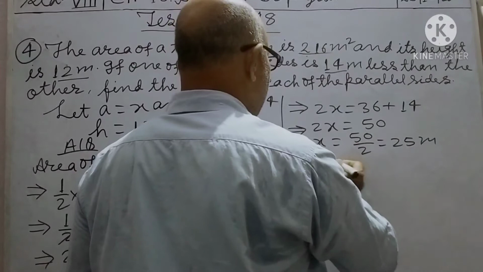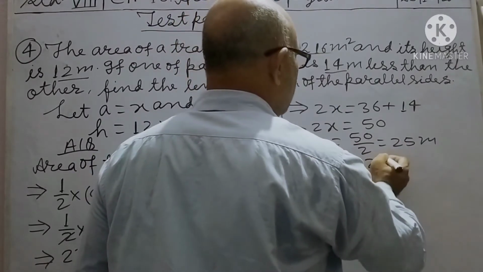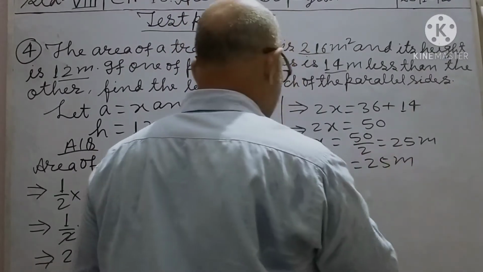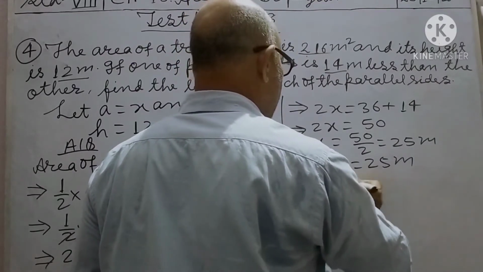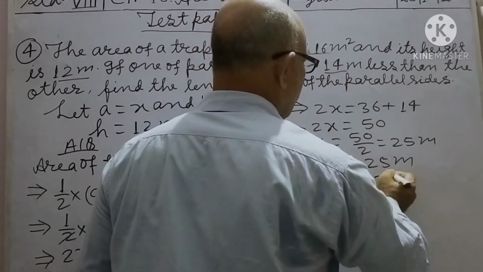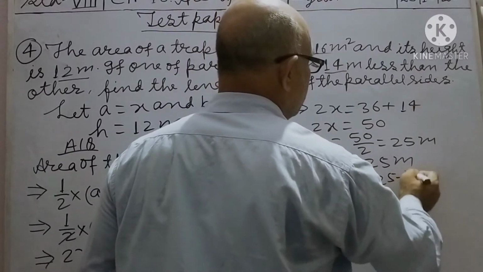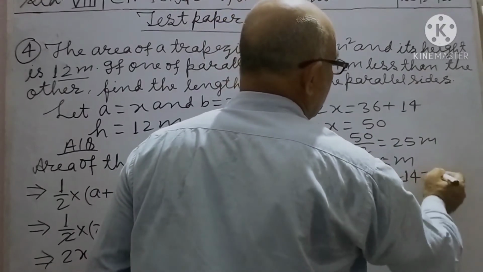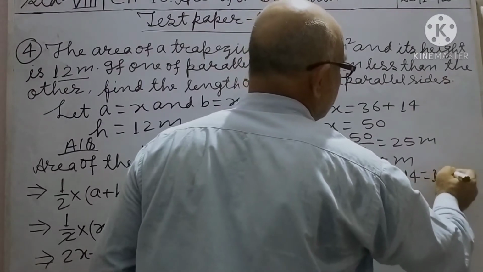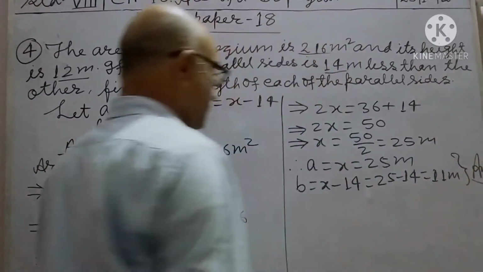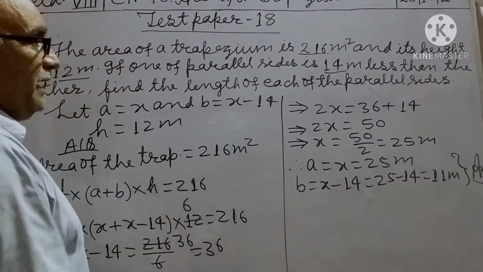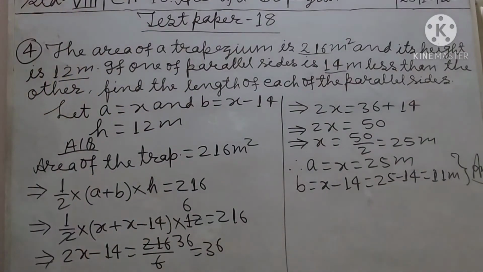Therefore, A equal to x equal to 25 meter and B equal to x minus 14 equal to 25 minus 14 equal to 11 meter. Answer. Students, understand and write this question.